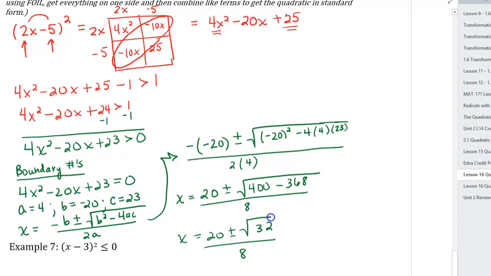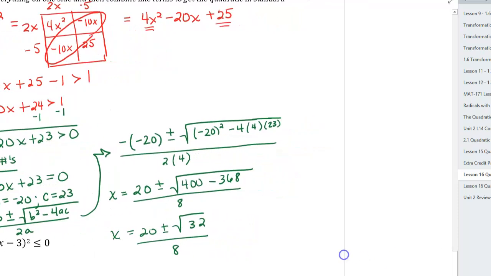And now I need to work on simplifying this a little bit. So if I go over to the side, the square root of 32, well, I can write that as 2 times 16, which is 2 times 8, which is 2 times 4, which is 2 times 2. So now I'm going to make radicals with the pairs.